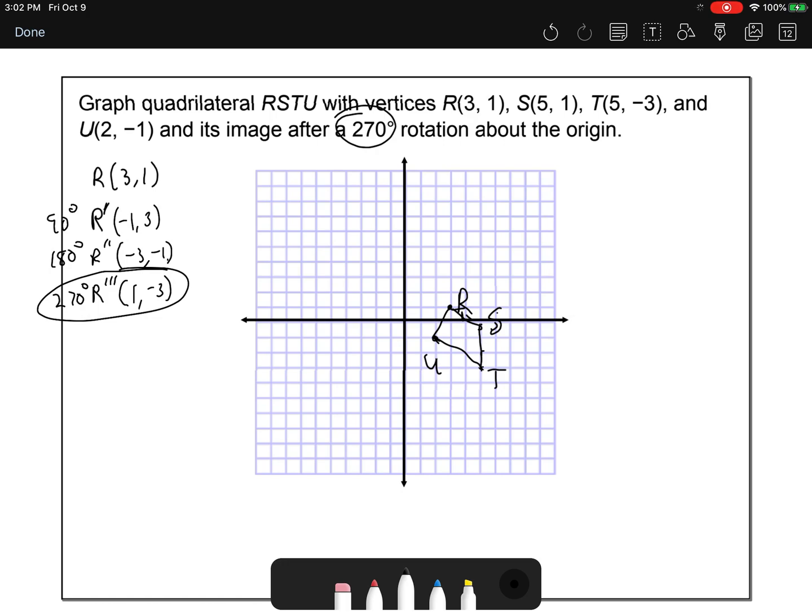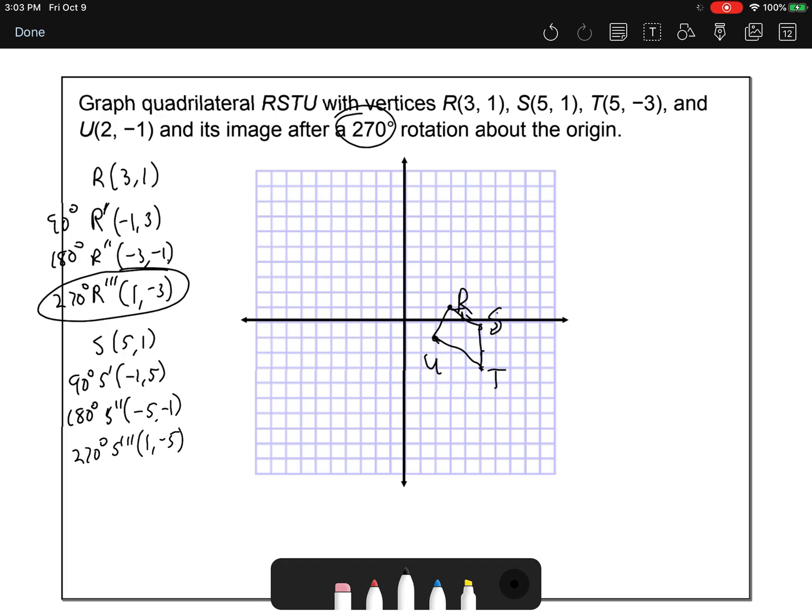So our R triple prime here would be 1, -3. Let's do S, 5, 1. 90 degrees, -1, 5. 180 degrees, -5, -1. 270, S triple prime, 1, -5.